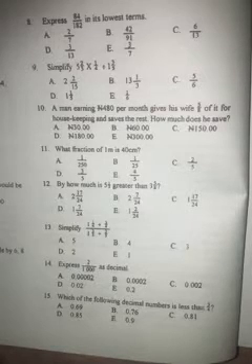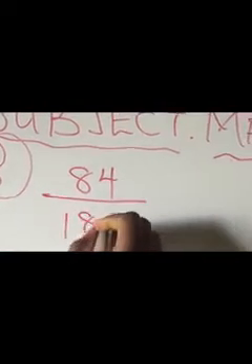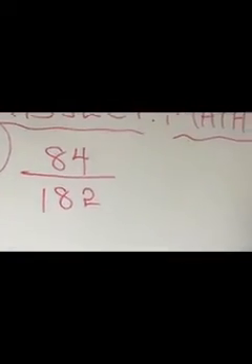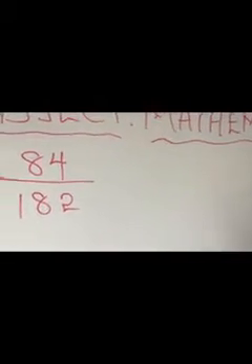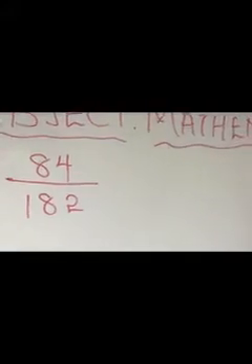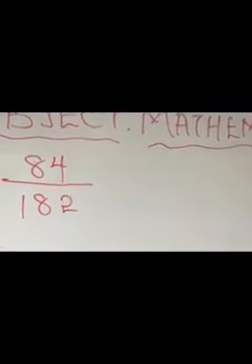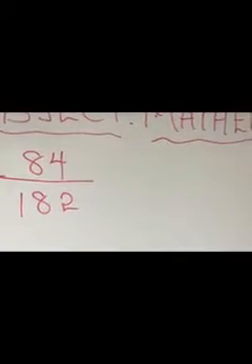Number 8 question. Express 84 over 182 in its lowest term. It means we have to divide it with any multiple that can go in the numerator and the denominator till we can't divide both of them anymore with the same multiple.